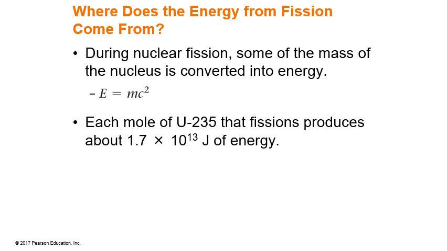So where does this energy come from? We know that there's a large amount of energy that's produced, a lot of heat, but where does it come from? Well, it comes from one of the most famous equations in science, E equals mc squared. E is the energy, and that is equal to the mass times the speed of light squared.